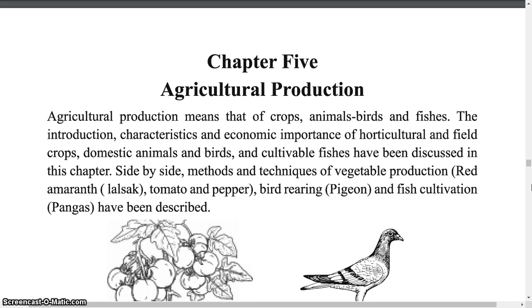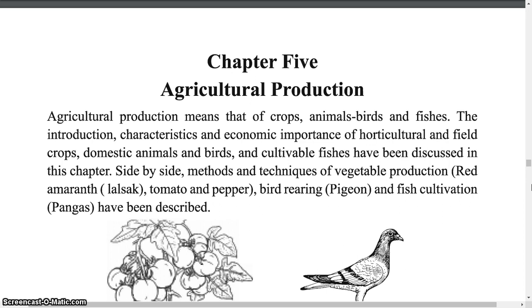What are the agricultural products? Agricultural products are crops, animals, birds and fishes. Agricultural production means that of crops, animals, birds and fishes. The introduction, characteristics and economic importance of horticultural and field crops, domestic animals and birds and cultivable fishes have been discussed in this chapter.